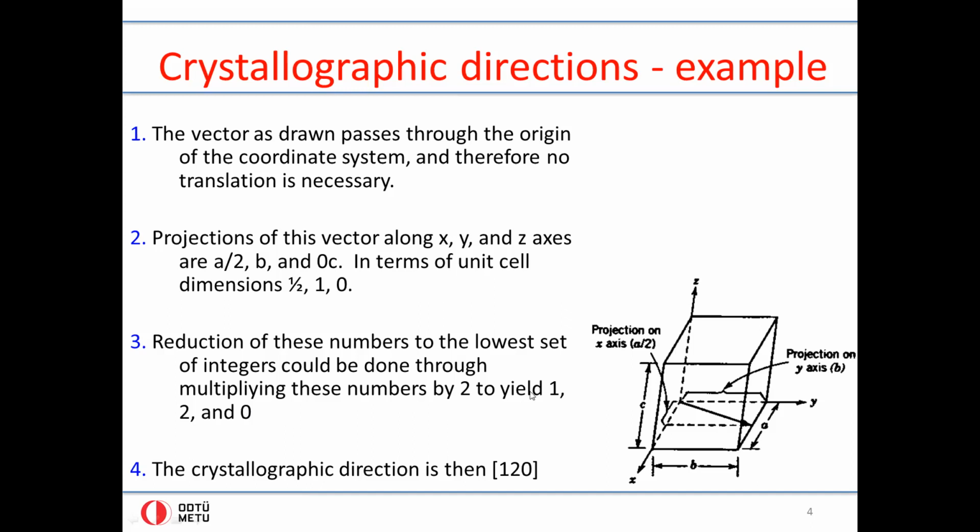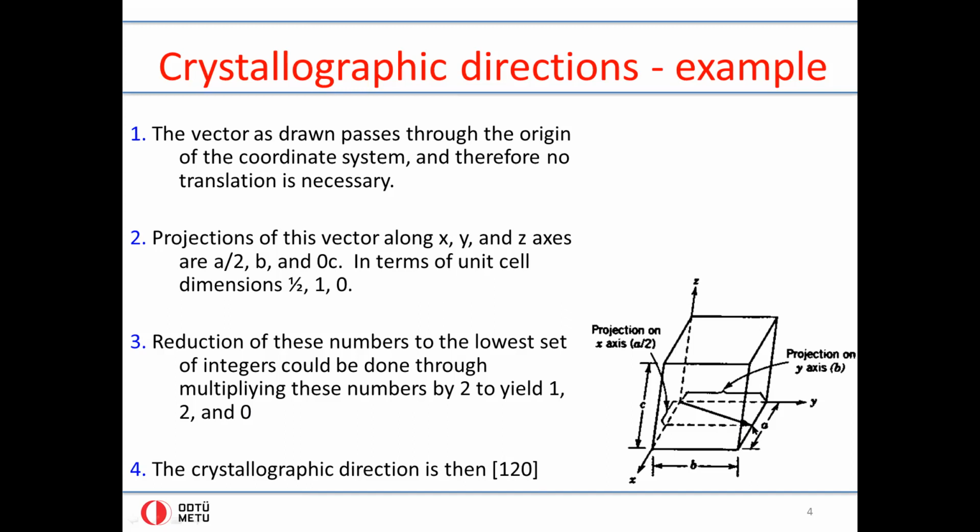And then, because these are the smallest set of integers, they're all integers, we put them in brackets and we say that this direction, or this line, this vector, is defined as the [1 2 0] direction. Now you might ask whether this is identical to the direction in the opposite direction.